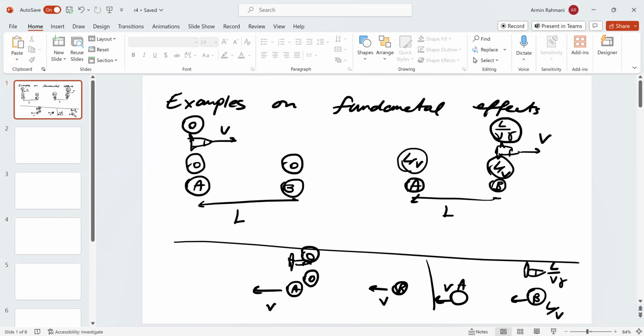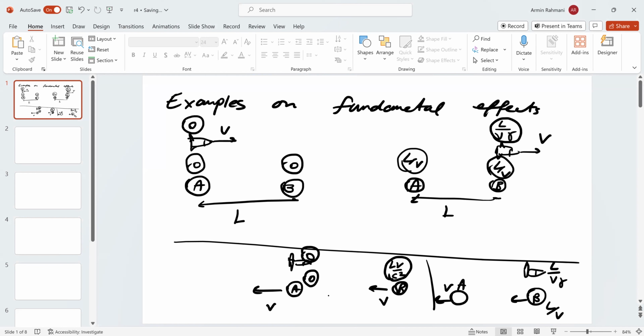They are separated by some distance L. That's the proper length in the frame that's moving with the planets. And then the rear clock, which is the clock on planet B, at that point should be ahead. So this is not going to be 0. It's L v over c squared.